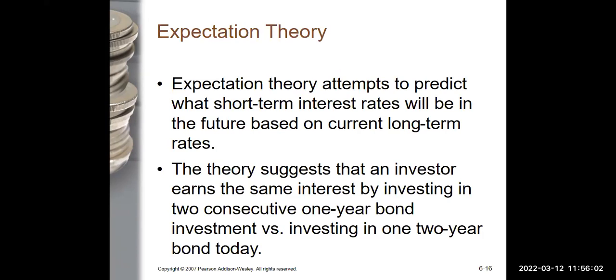Because the average tells you what is the average of things that happened in the past. And similarly, when you find out this average for the future, the expectations theory basically tells you what you are expecting in the future.